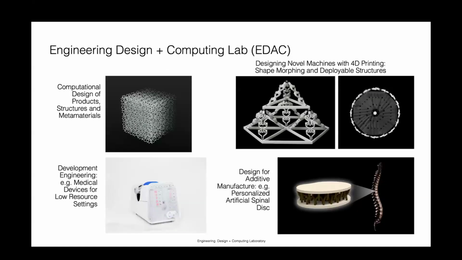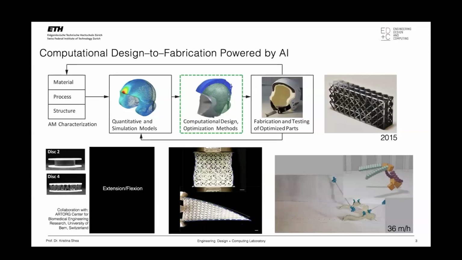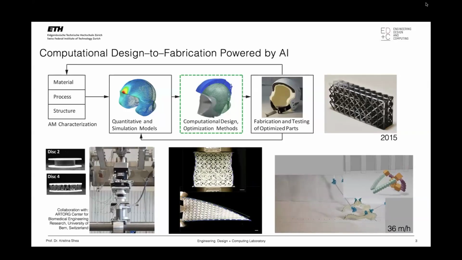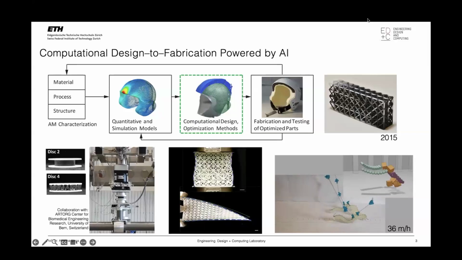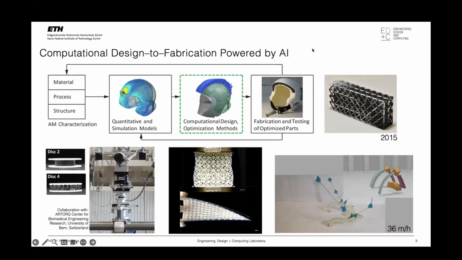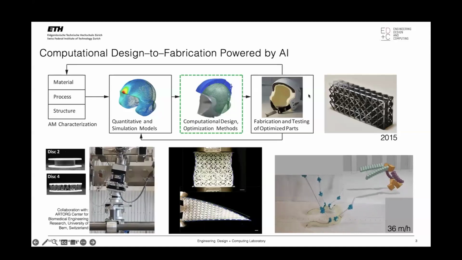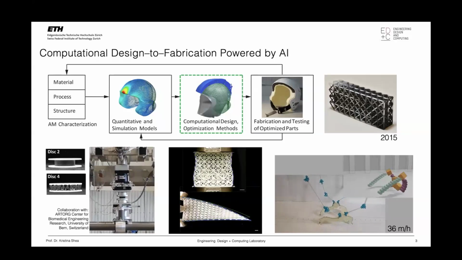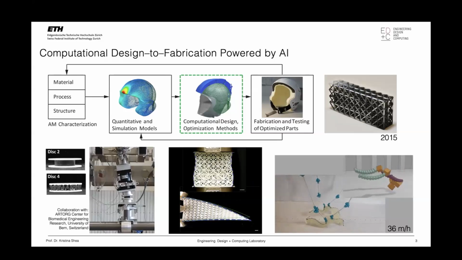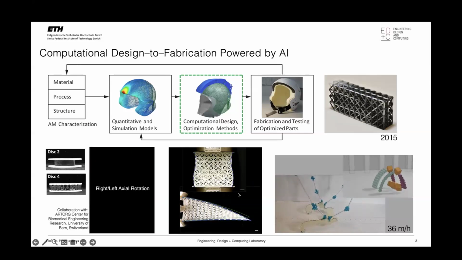So in our lab, we do a number of different pieces of work, and this work is focusing more on what we started in terms of combining computational design algorithms with fabrication and testing of them, mostly around using 3D printing. And his project was part of this, looking actually at 4D printing.